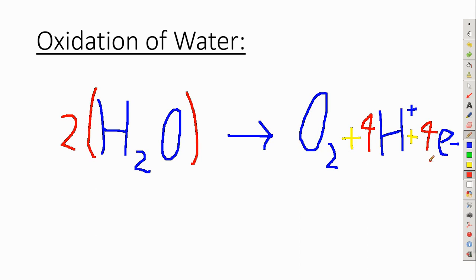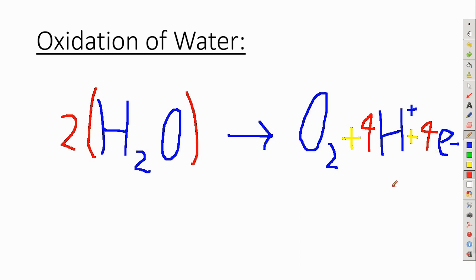So here we are. The oxidation of water is 2H2O, and that's going to be transformed into dioxygen, 4 hydrogen protons and 4 electrons. This is the oxidation of water.